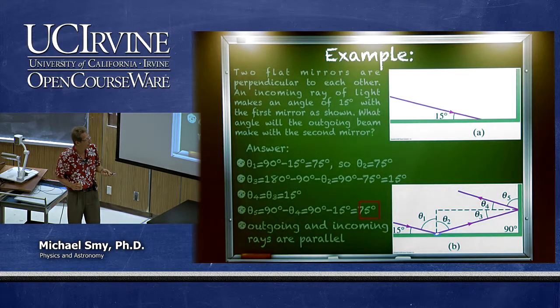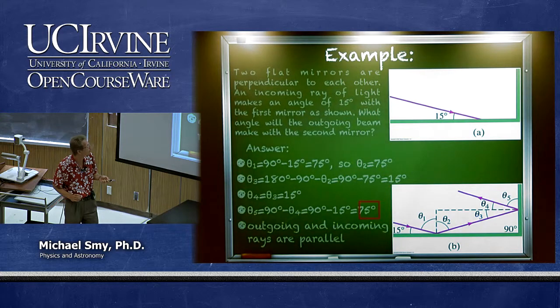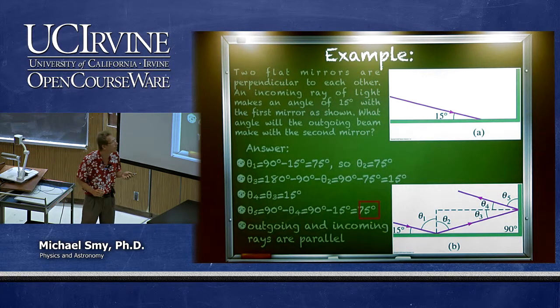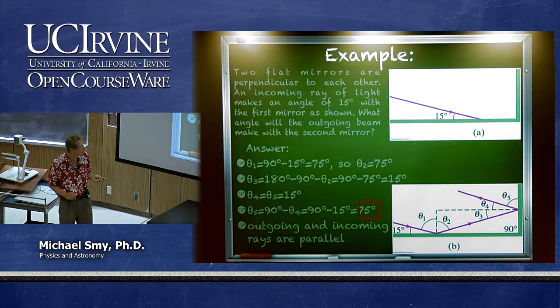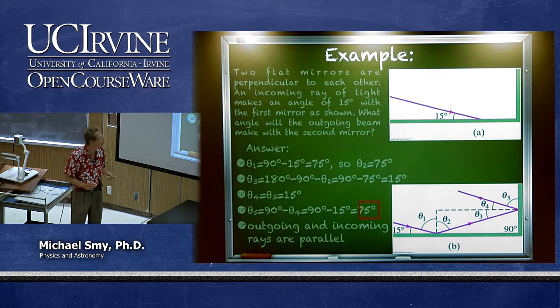Because this is a right triangle, theta 2 plus theta 3 plus 90 degrees must be equal to 180 degrees, or theta 2 plus theta 3 must be equal to 90 degrees. And that means that theta 3 is 90 degrees minus 75 degrees, or 15 degrees. So the incident angle for the second reflection is 15 degrees.